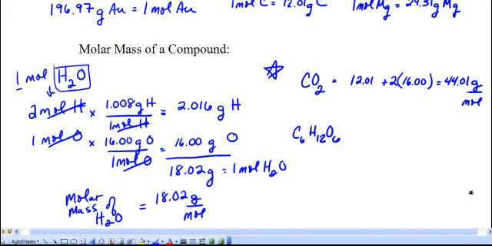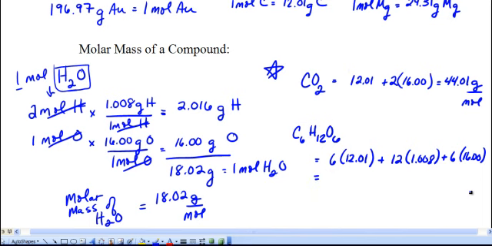Okay, so here we go. We have 6 carbons, so you're going to have 6 times 12.01 grams per mole. That's the carbon. You have 12 hydrogens, so you have 12 times 1.008. You have 6 oxygens at 16.00 apiece.